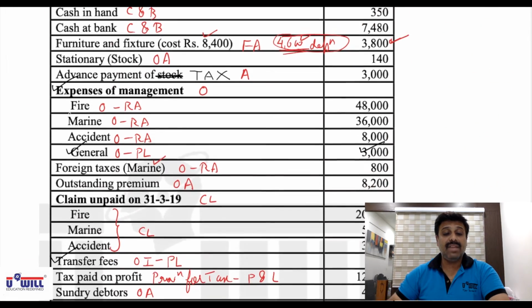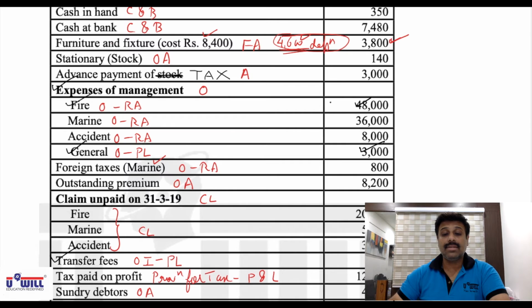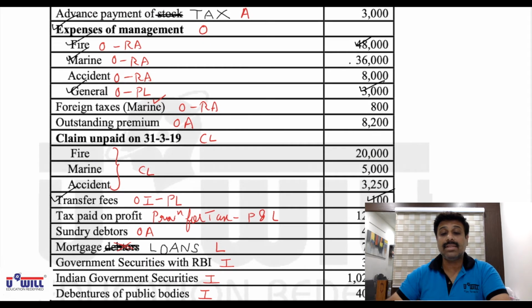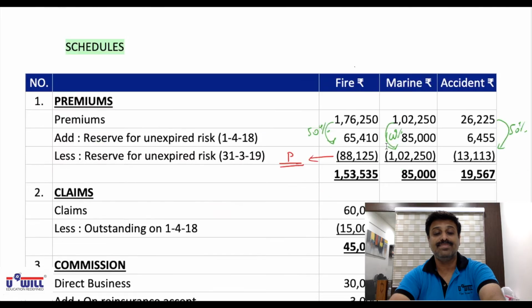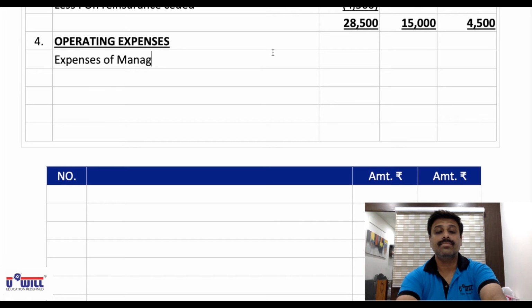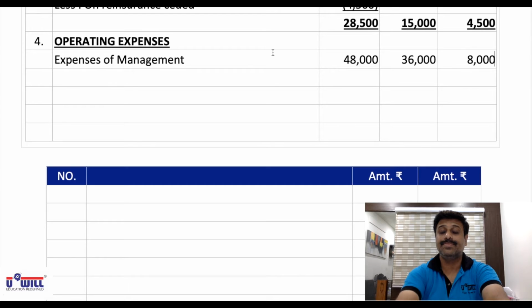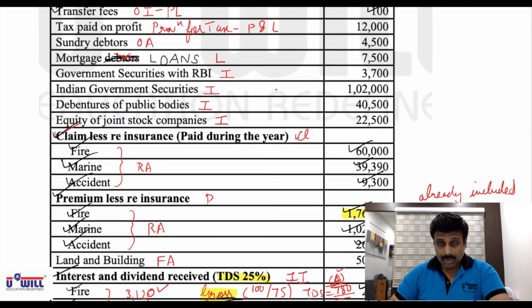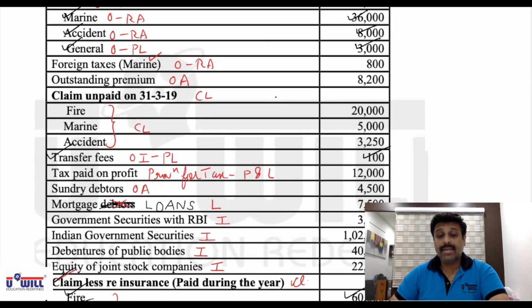Expenses of management, we have fire 48,000, marine 36,000 and accident 8,000. So 48,000, 36,000 and 8,000.